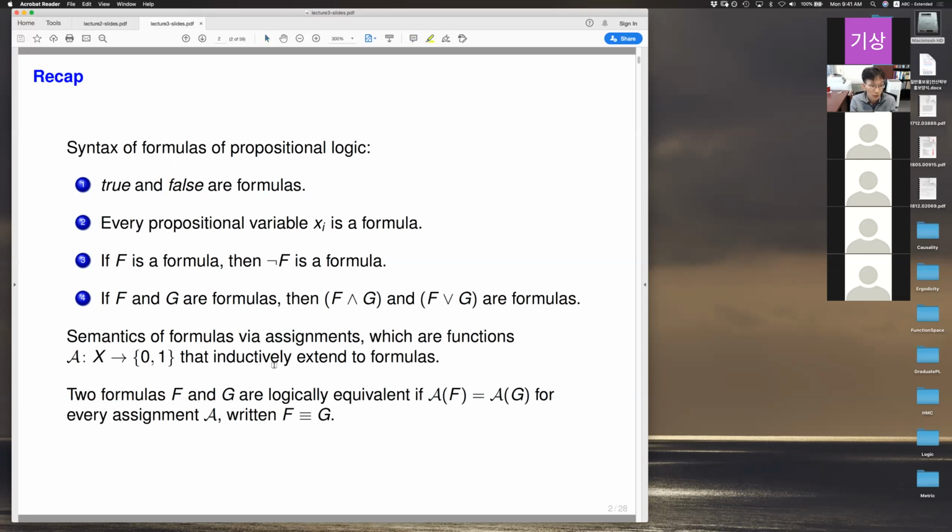Just a reminder about logical equivalence: we said two propositional logic formulas are logically equivalent if they evaluate to the same value under any assignment A. This really corresponds to the logical equivalence that you know.